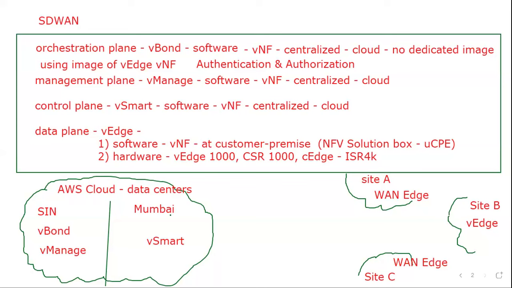So we have edge devices located at customer sites. Now, how will we have the connectivity of these devices? The connectivity will be done via transports like MPLS or 4G, 5G LTE towards the data centers, and vBond will be used for authentication and authorization of these devices.